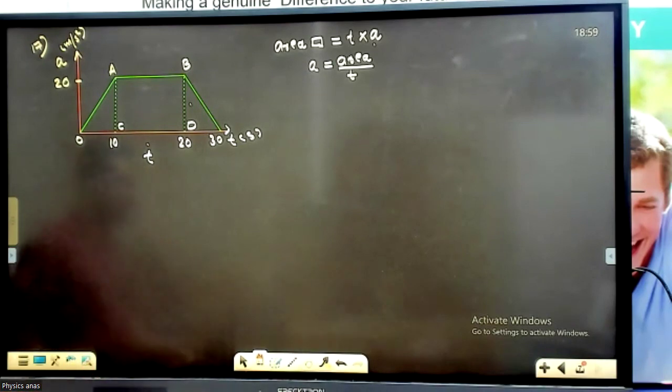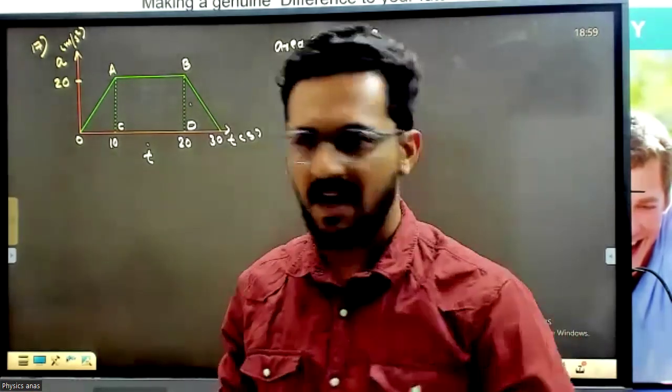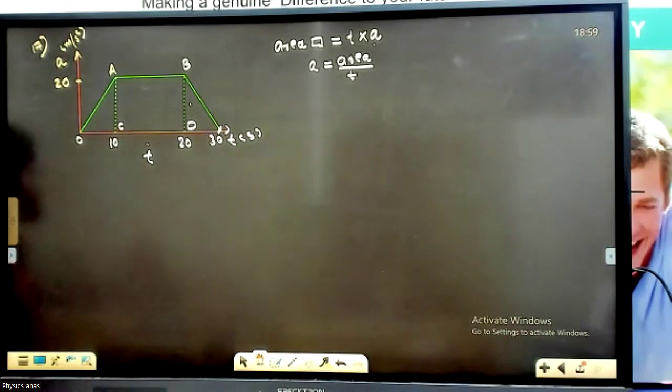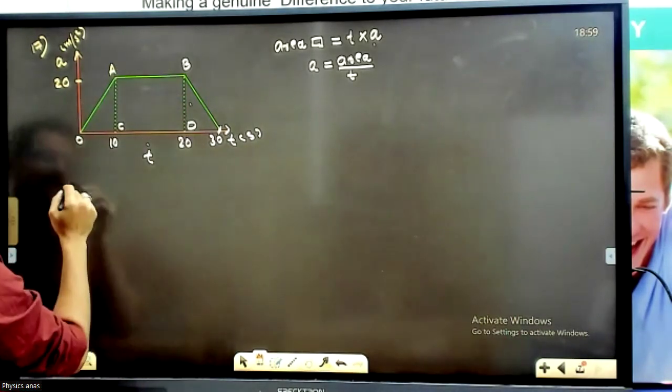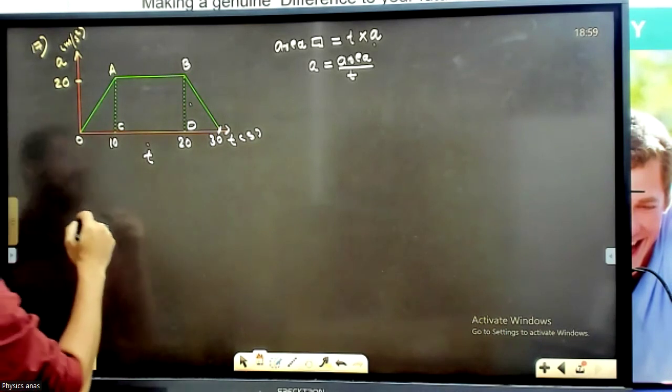So I am just finding the area. How can I find area up to 30 seconds? This is the point 30 seconds, right? So I am finding the area. Should we write it? Yes, we can write it.